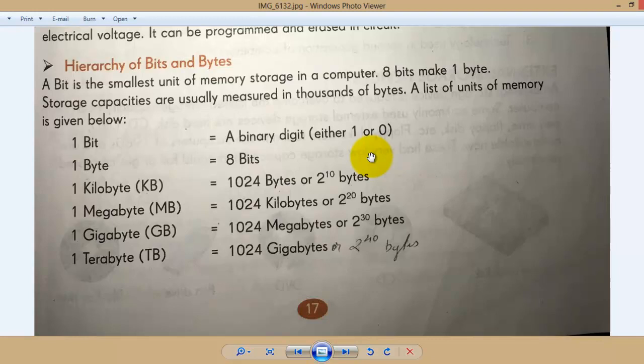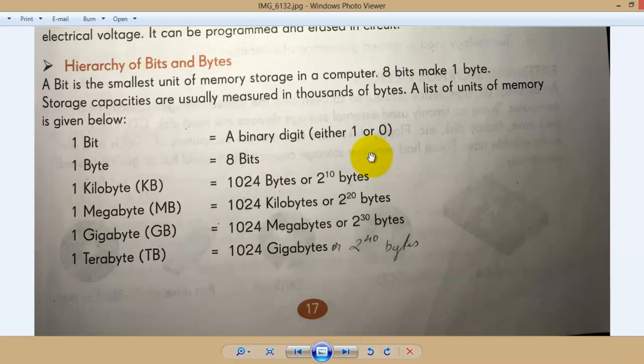But in computer memory, 1 KB means 1024 bytes. It's not 1000 bytes. And 1 MB, megabyte, is equal to 1024 kilobytes, that is 2 to the power 20 bytes.